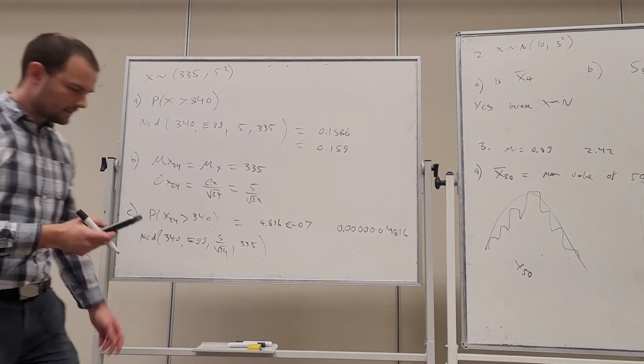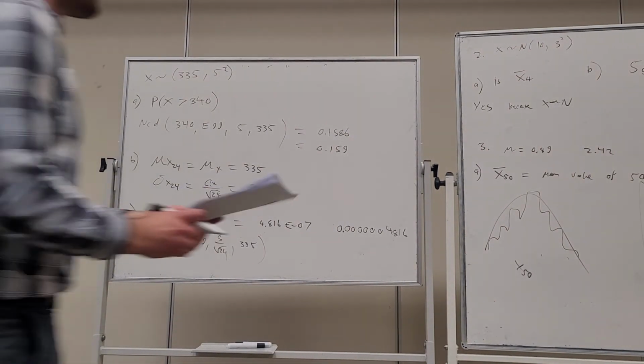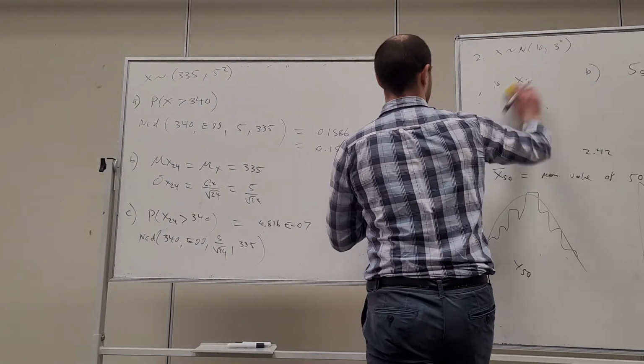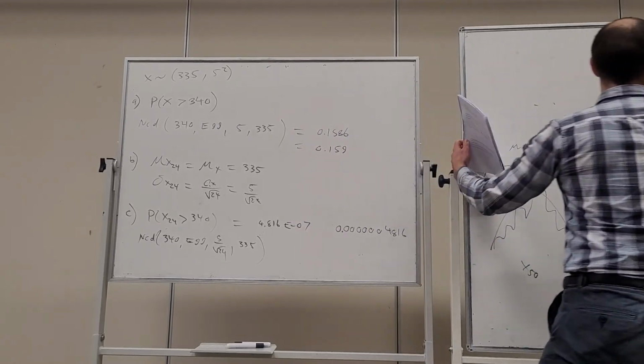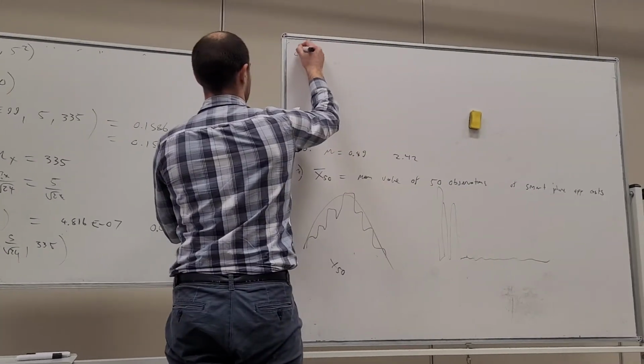So let's articulate the significance of that, because it says, state the significance, why is it different from A? So let's write that down as best as we can. Part C, what's the significance?